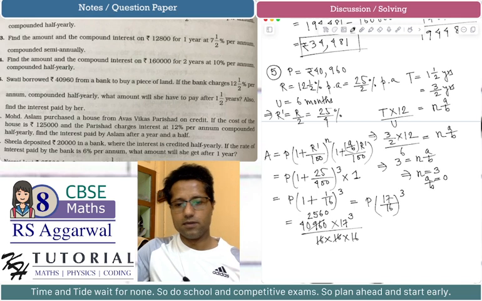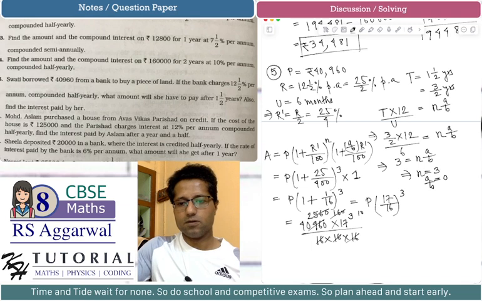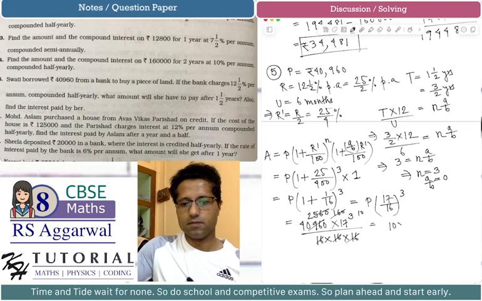Then again 16 divides 2560, and 60 divides 10. So this is equal to 10 multiplied by 17 cube.